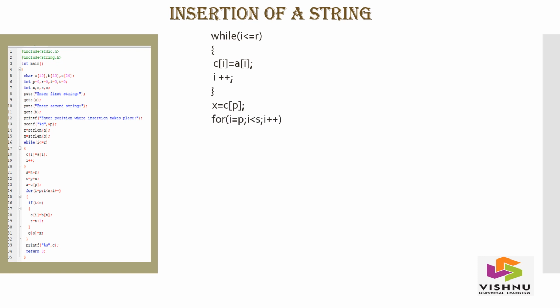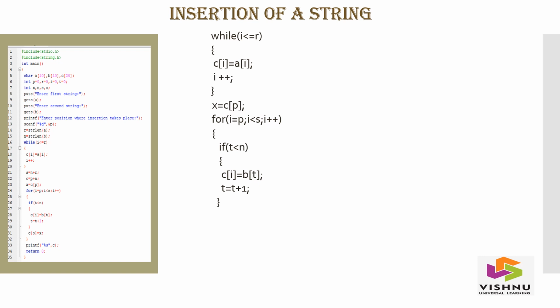After that, we have written the for loop. Actually, the for loop consists of three parts. One is initialization, second is condition, third is increment or decrement. Here we have taken the initialization as I equal to P, where P is the position where insertion takes place. S is the sum of string lengths of A and B and increment by 1. While entering into the for loop, we have again written the simple if condition.